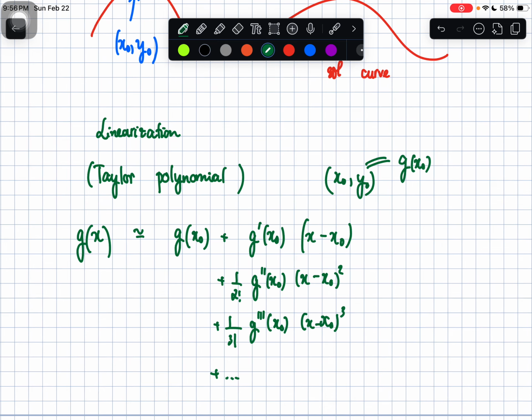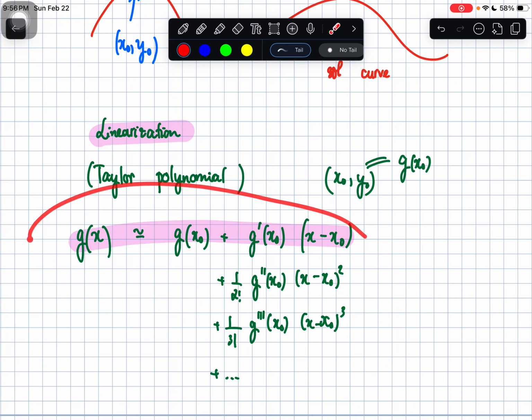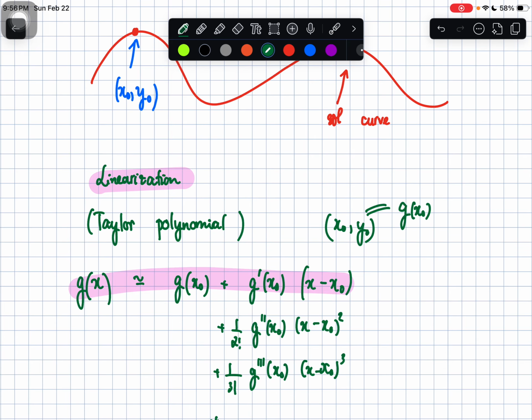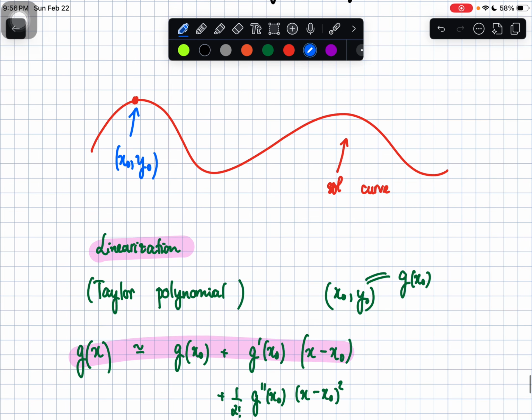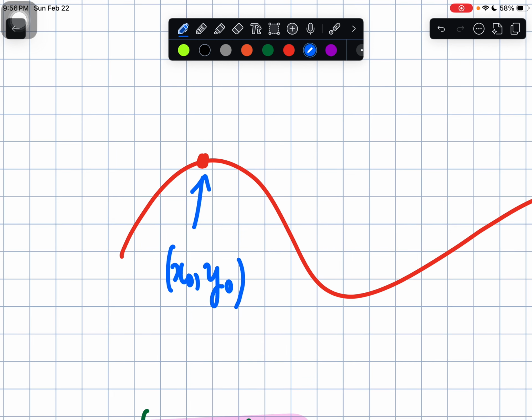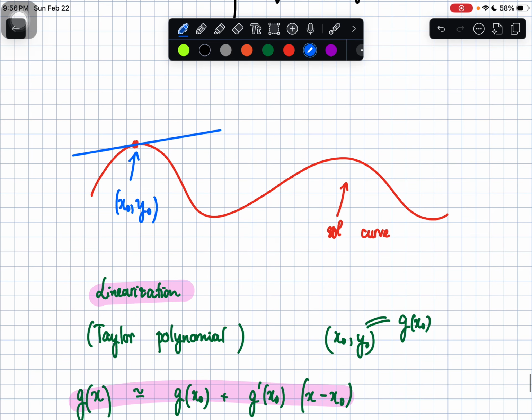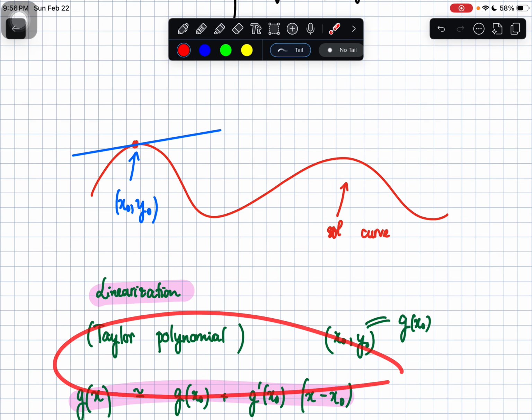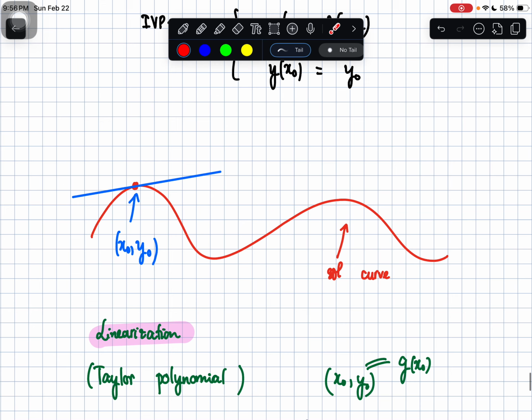We don't need that. We only need linearization. I only use until here. So we will approximate the red curve by this tangent line.